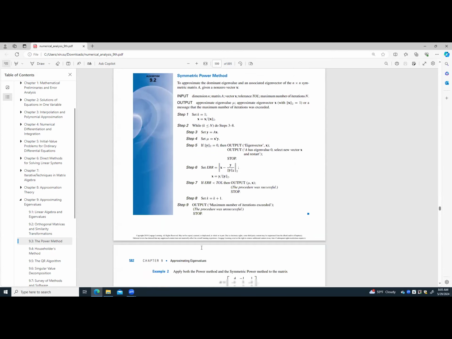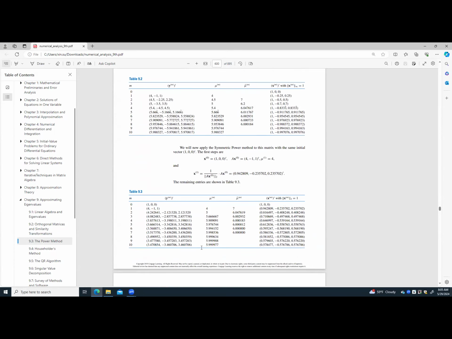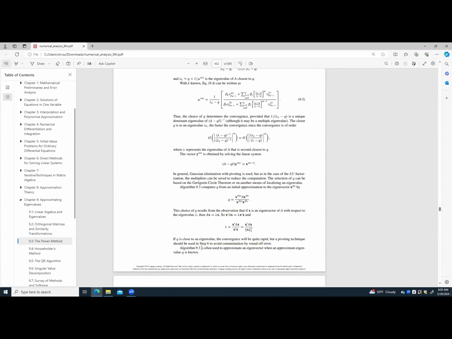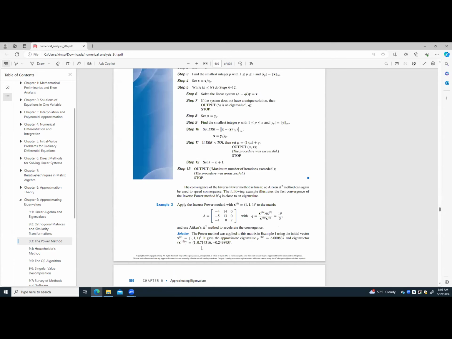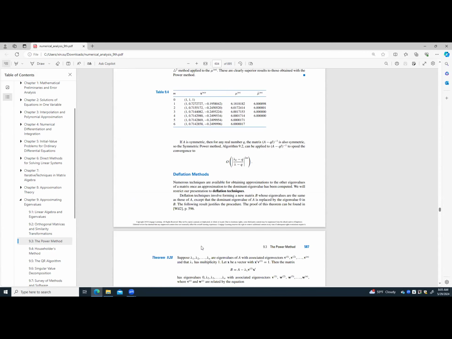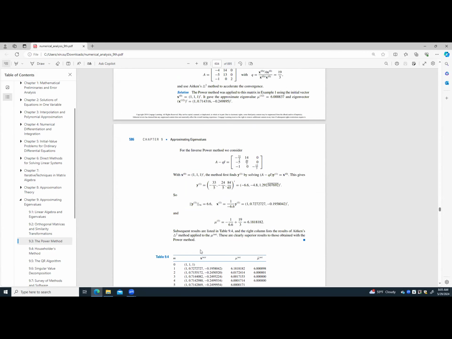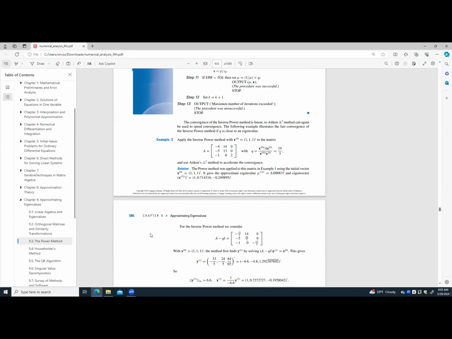the symmetric power methods, and the inverse power methods as well. And that's it, these are the three parts. Let me just write them down.